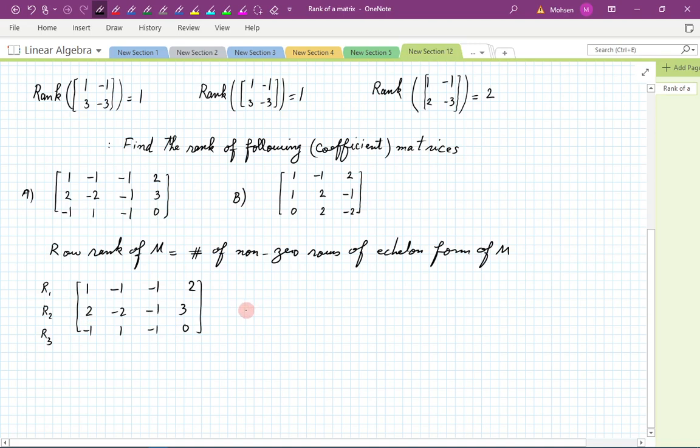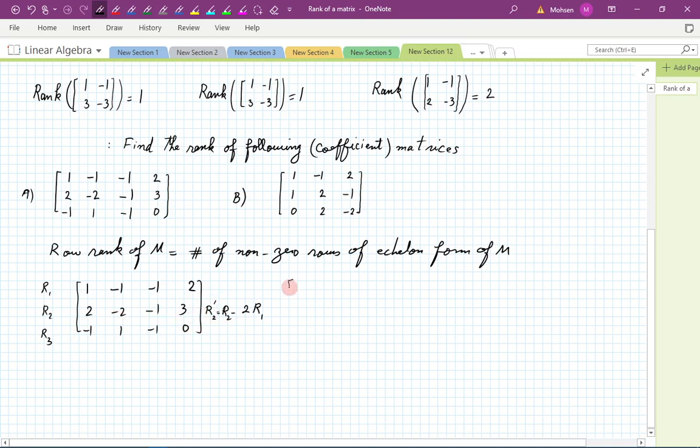How do I eliminate it? It's twice row 1, so let's write it in a standard way: row 2 minus 2 row 1. In order for me to be able to follow what I have written here, let me label this a little bit differently than before. So this is, in our next round, a new R2.